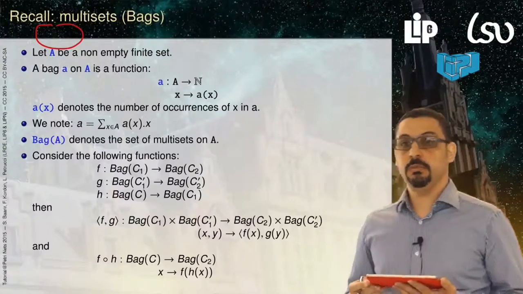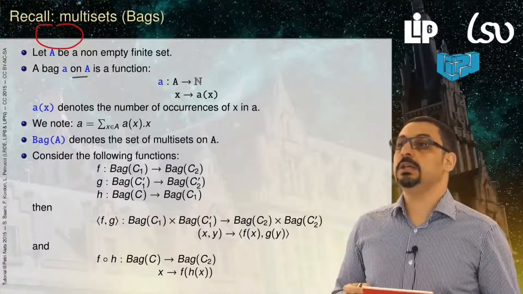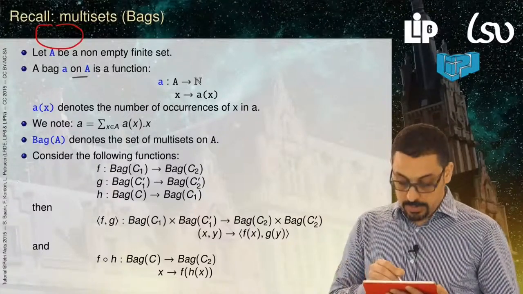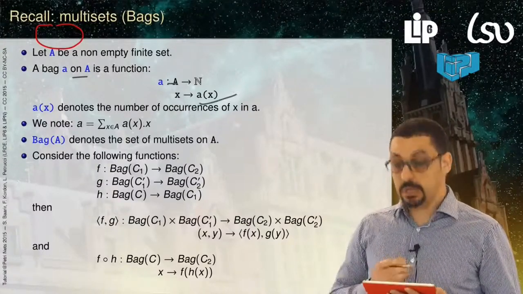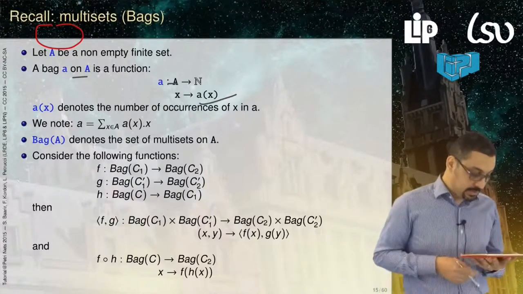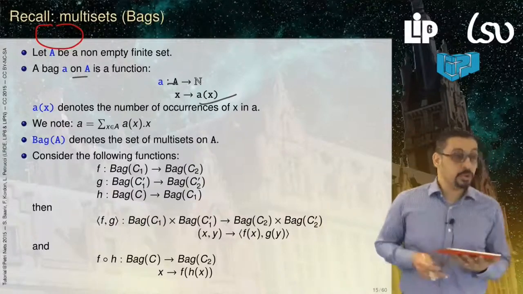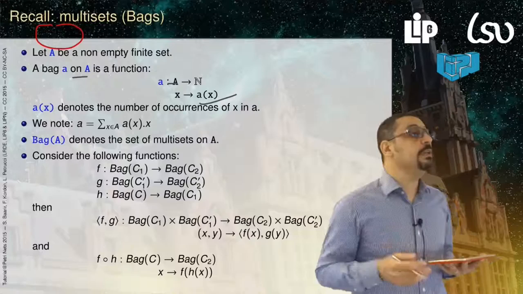A multiset small a is a function that gives for each element x of A a natural number a(x), and this natural number is called the occurrence of the element x in the multiset.